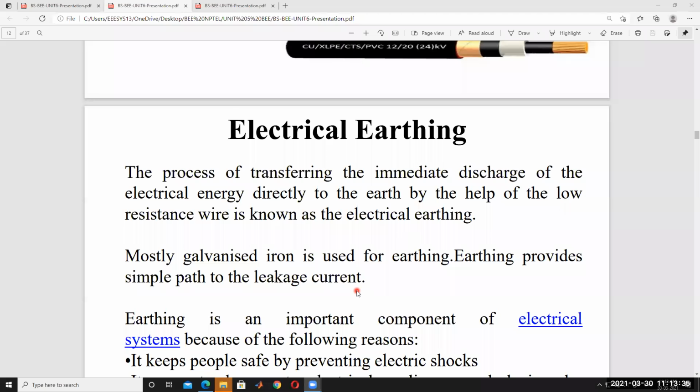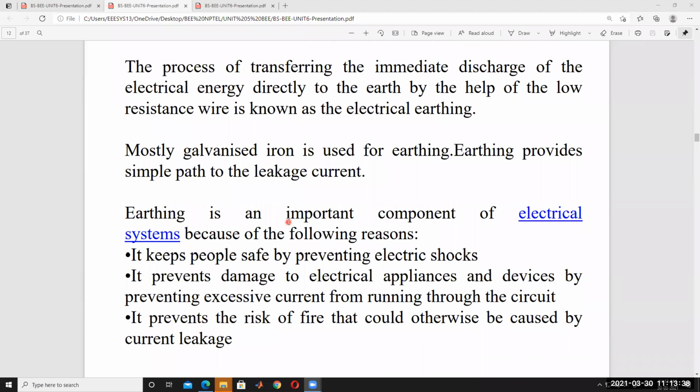Earthing is an important component of electrical systems because of the following reasons. It keeps people safe by preventing electrical shocks. Next, it prevents damage to electrical appliances and devices by preventing excessive current from running through the electrical circuits.